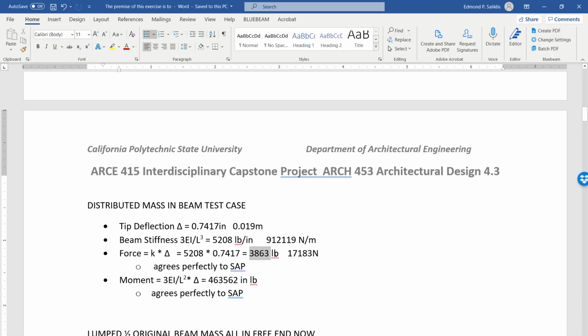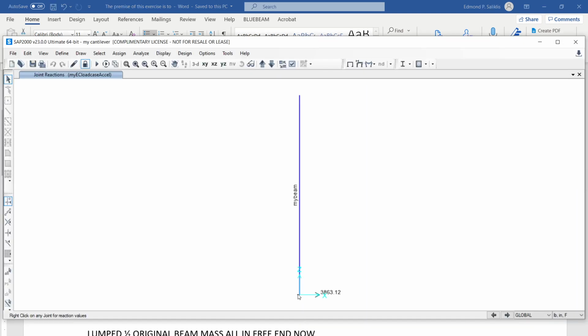So 3,863 is the force. That's 17,000 newtons. It agrees perfectly with SAP. And the moment is 3EI over L squared times delta. If you don't understand that, I can help you. It's just force times length, really. And that is 463,562, which we just saw here.